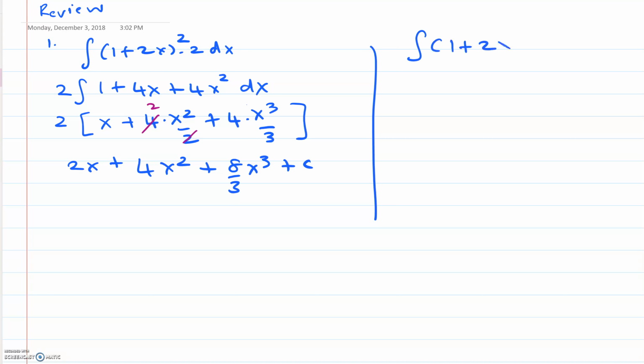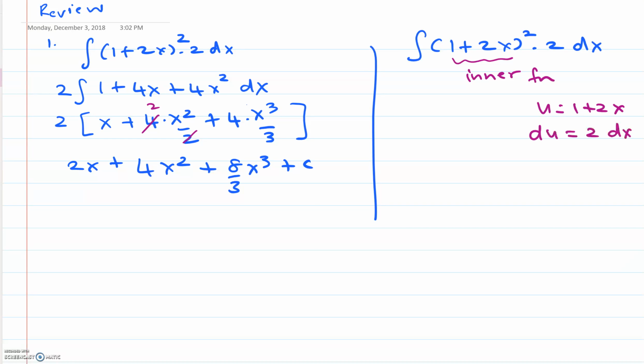If you have (1 + 2x) the whole squared times 2 dx, first choice for substitution is the inner function. So we have an inner function. So let's put u equal to 1 + 2x. So du is 2 dx.